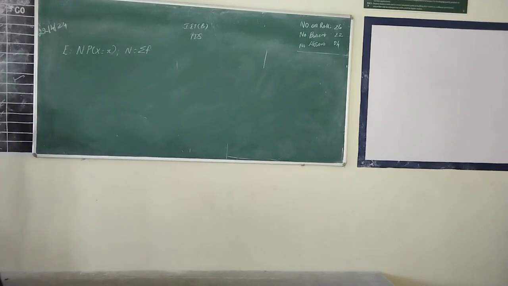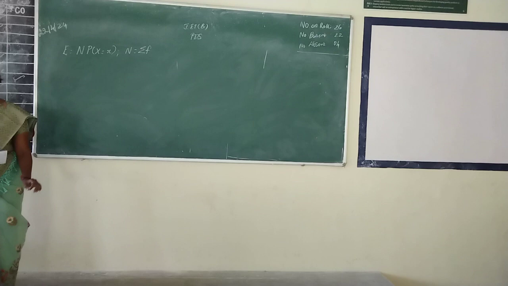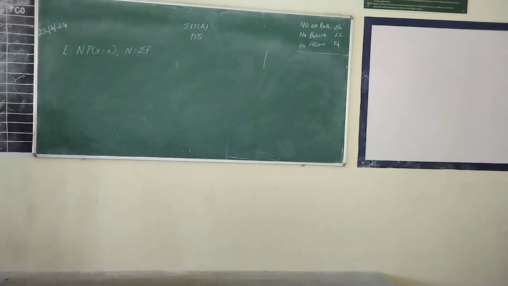So what is supposed to be checked now? Test the goodness of fit. By which distribution are you going to fit here? Binomial distribution. You have to check whether the binomial distribution is a good fit or not a good fit.